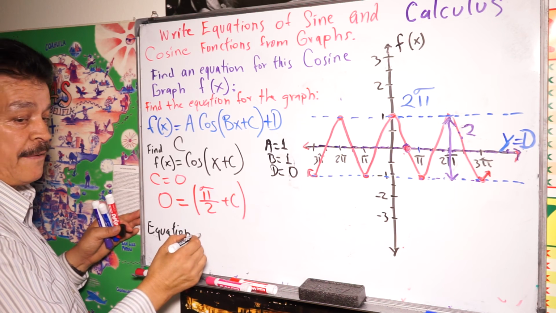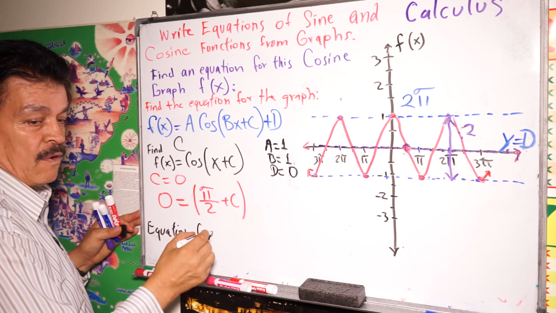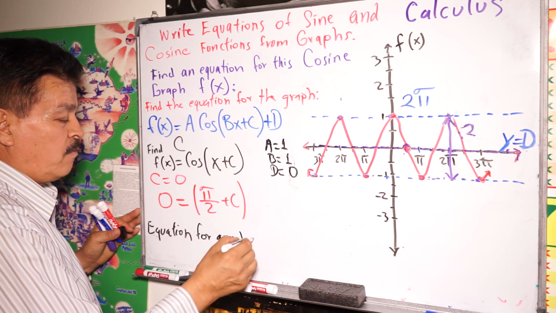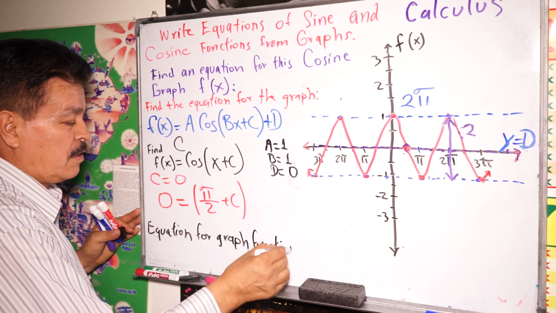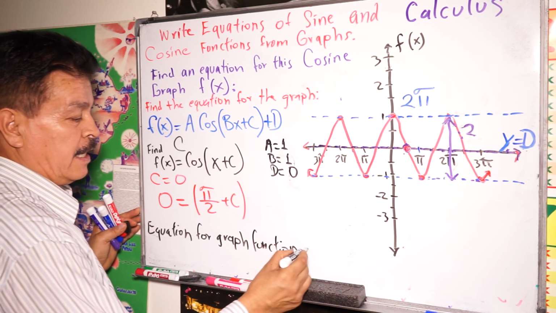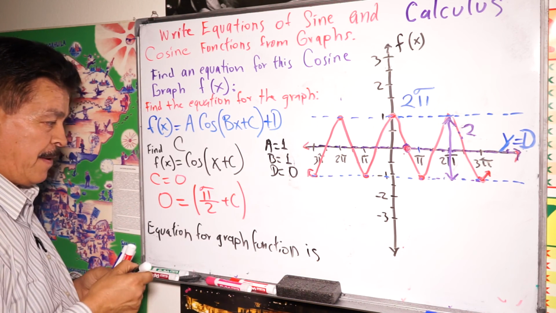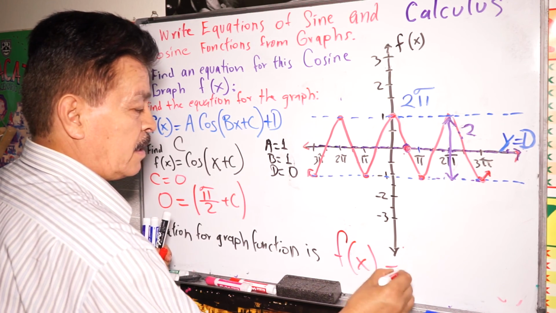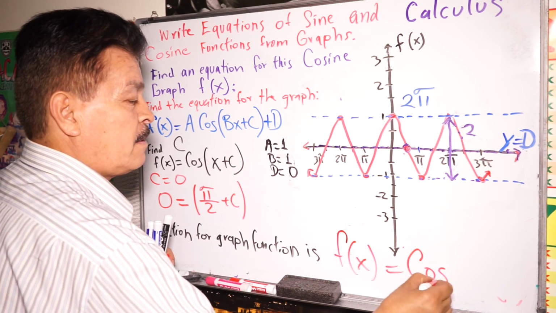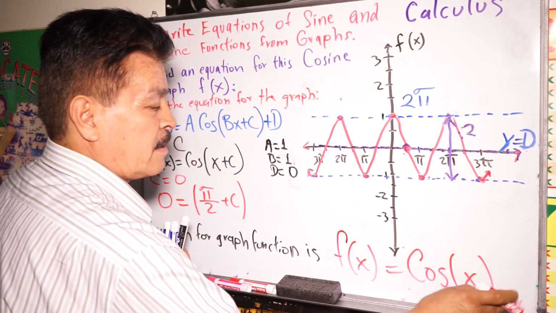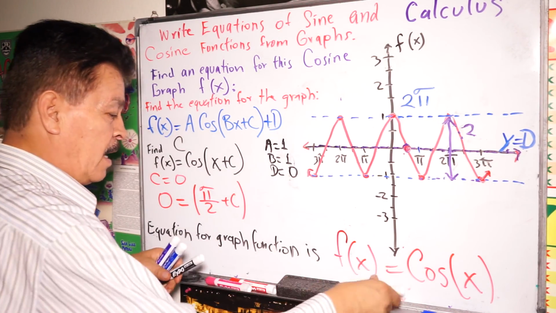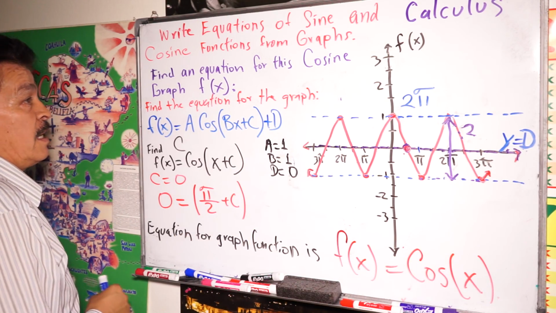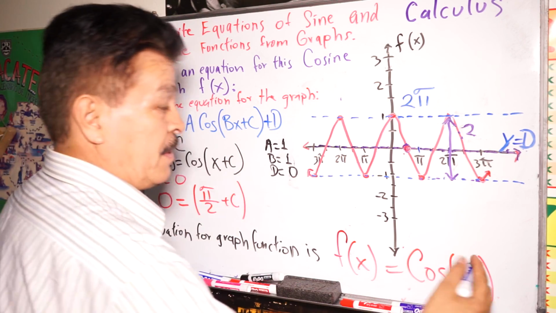The equation for the graph function is f(x) equals cos x. That's the solution. That's the equation for this cosine graph.